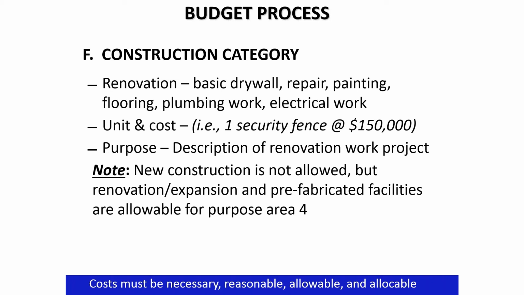That was purpose area number 4. So now new construction is not allowed for purpose area number 4. But again, based on renovation or updating a building, that is now allowed. They also say that they will allow prefabricated facilities to be used under their grant program under purpose area number 4.